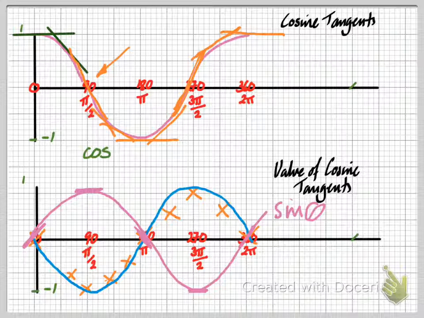Well, what we're saying then is, whatever value of sine is here, if I minus it, i.e. the value of sine at 90 is 1, so minus sine theta is minus 1.